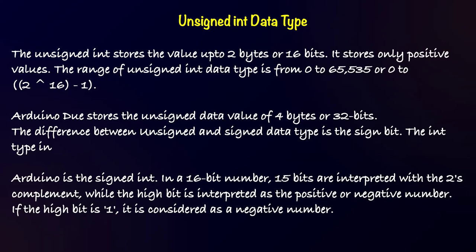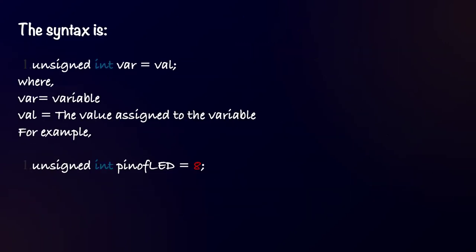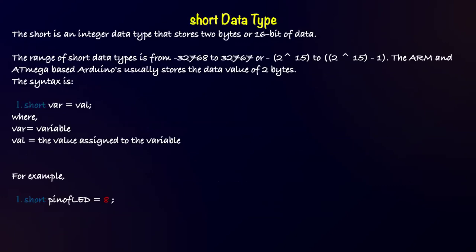In a 16-bit number, 15 bits are interpreted with 2's complement, while the high bit is interpreted as the positive or negative sign. If the high bit is 1, it is considered a negative number. What is the syntax? Same: unsigned int var equal to val. How is it used? Unsigned int pinOfLED equal to 8. This is how it is written in real time.